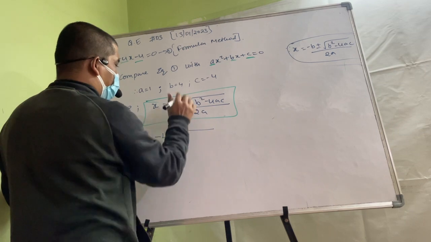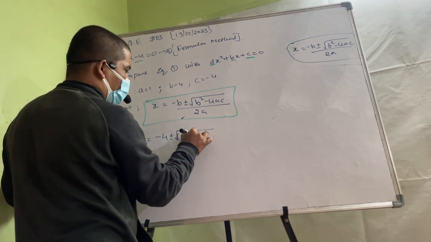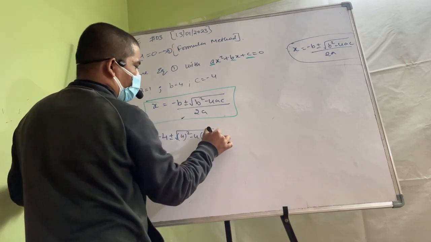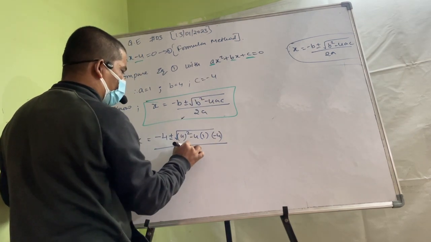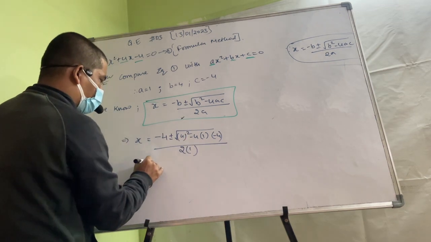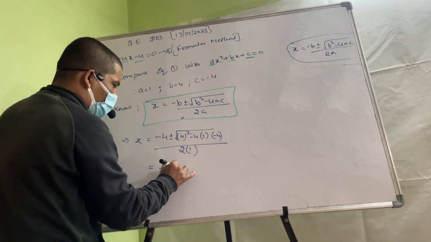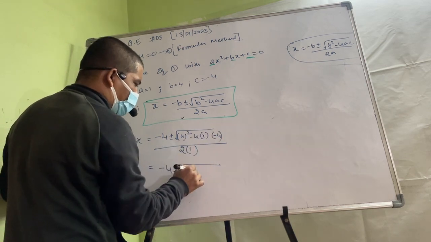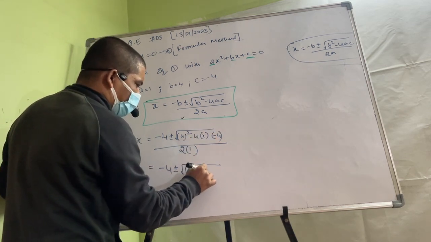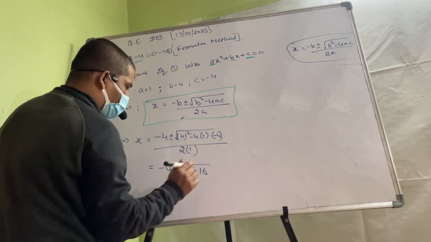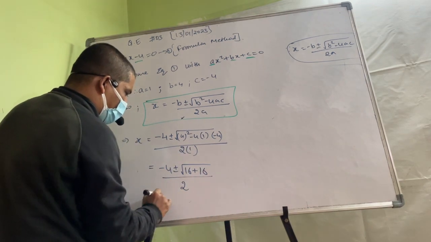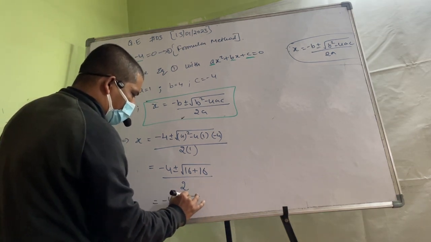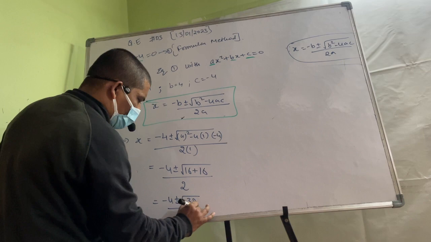Under root b square, b value 4, so 4 square, minus 4ac, a value 1, c value -4, whole divided by 2 into a value 1. So -4 plus or minus 4 square 16, minus into minus plus, 4 into 4 is 16 into 1 same number, whole divided by 2. So this is -4 plus or minus under root 16 plus 16, 32, by 2.